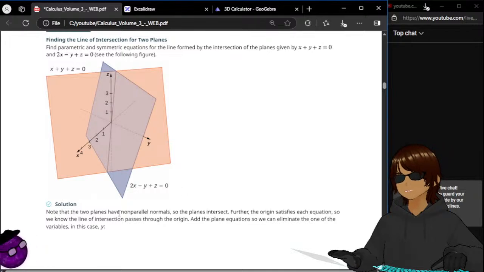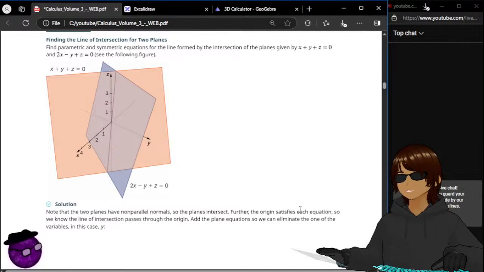Note that the two planes have non-parallel normals, so the planes intersect. Further, the origin satisfies each equation, so we know that the line of intersection passes through the origin.